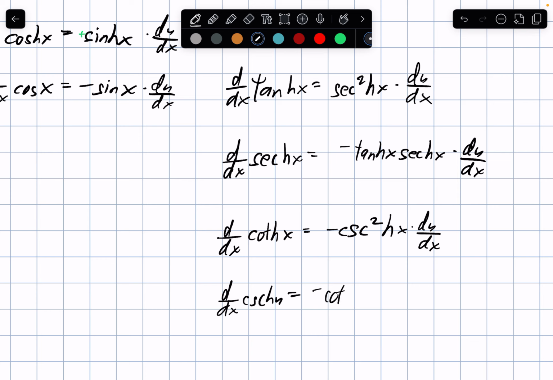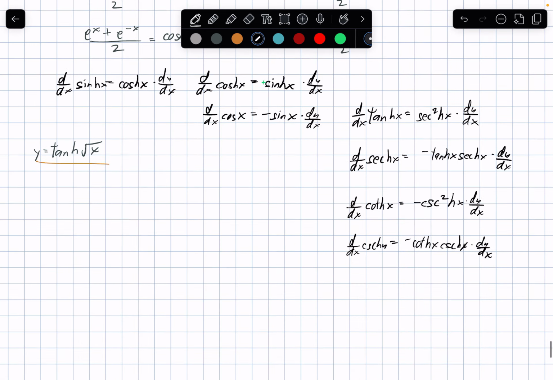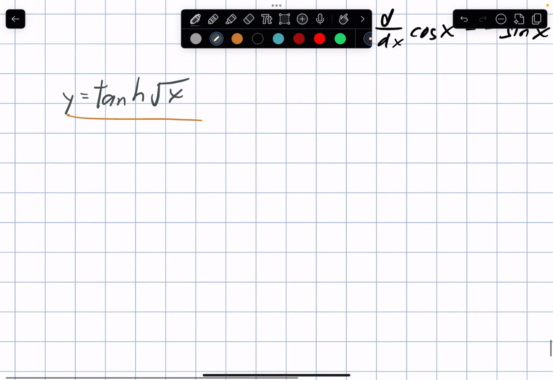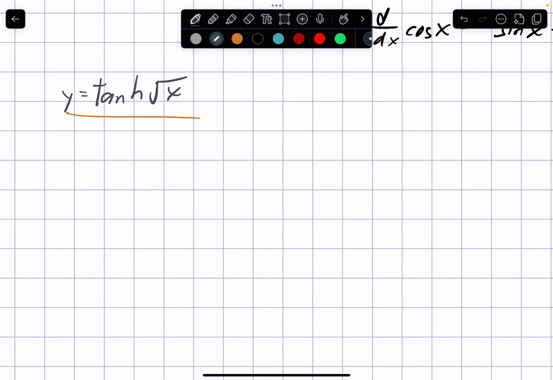It's negative coth x csch x times du over dx. Okay? You have to know all of those. It's your responsibility to find a way to get them into your mind, so once you see a problem, you know what formula to use.